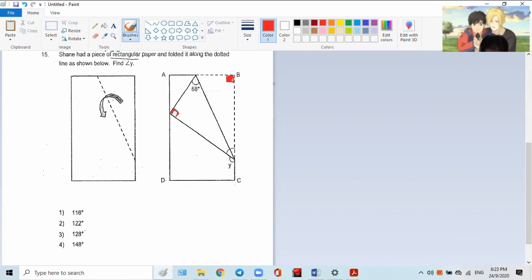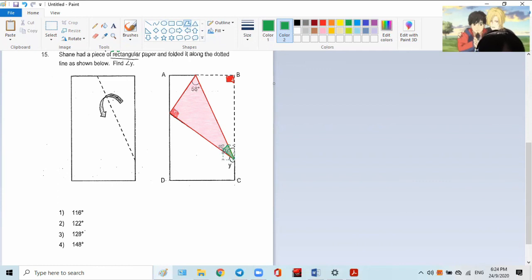If you unfold it, this red color corner would have gone back here. Yes or no? If this is 58, one triangle has how many degrees? One triangle has 180, right? So who can tell me what this angle in the triangle is?